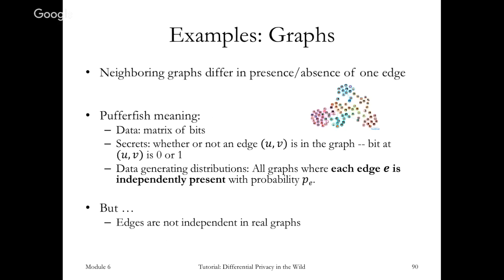You can treat the graph as a matrix of bits, and differing in one bit corresponds to whether an edge is in the database or not, in terms of the secrets. For the data generating distribution, you can assume that all graphs are possible and every edge is independently present with probability P. However, we know this is not a realistic assumption for graphs because many edges and nodes in the graphs are dependent on each other.